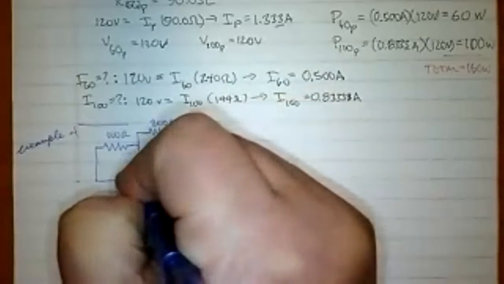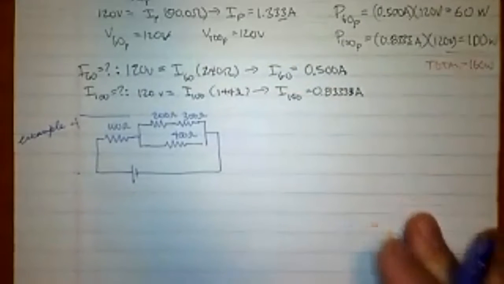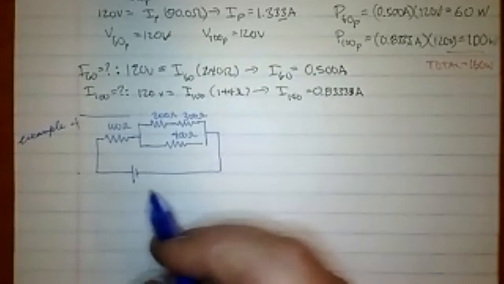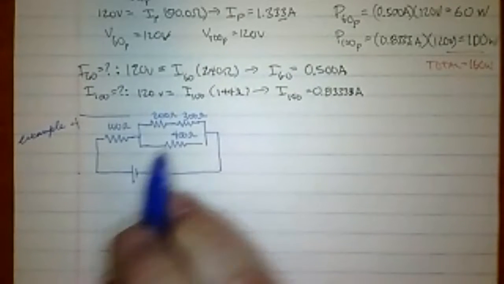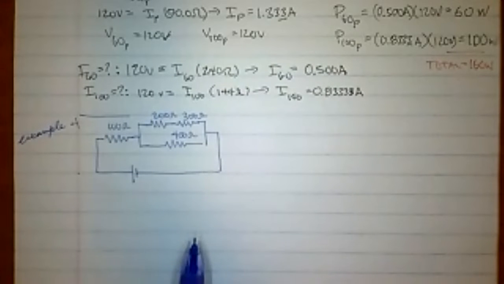And what I'd like to do is find out the equivalent resistance. And then, as you might guess, we're probably going to make this 120 volts or something and compute what the voltage is across all these things and the currents through them and all that good stuff, just like we did with capacitors.